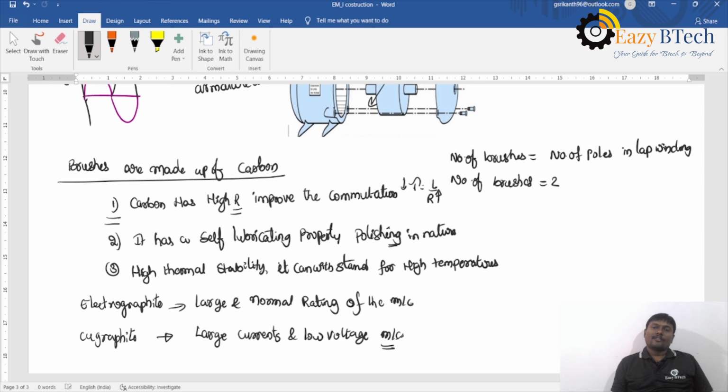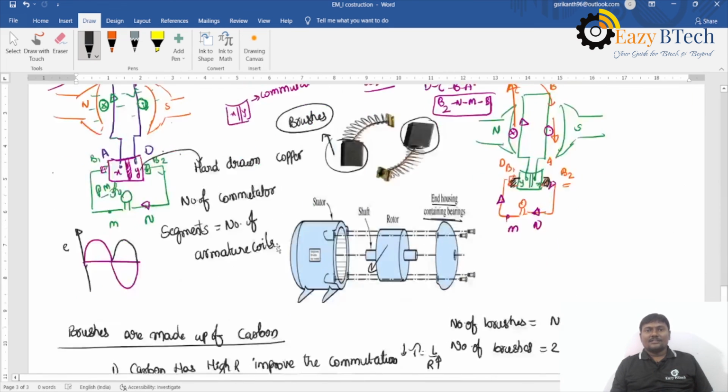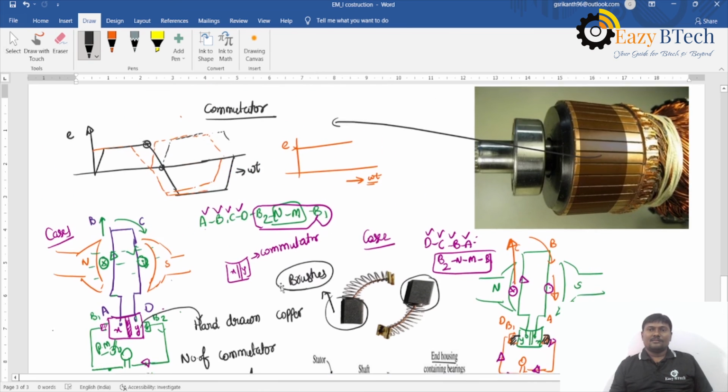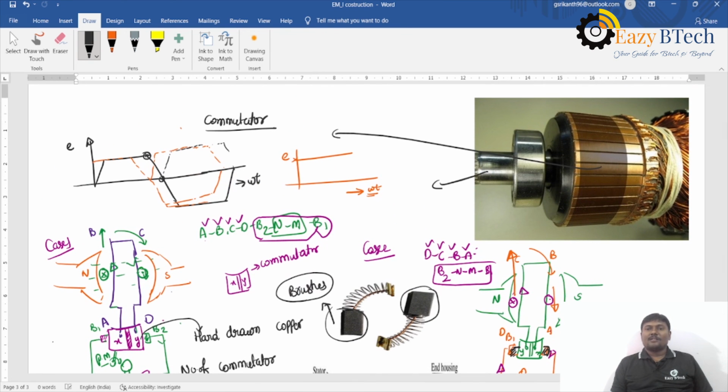The number of brushes is equal to the number of poles in lap winding. The number of brushes is equal to 2 in wave winding.